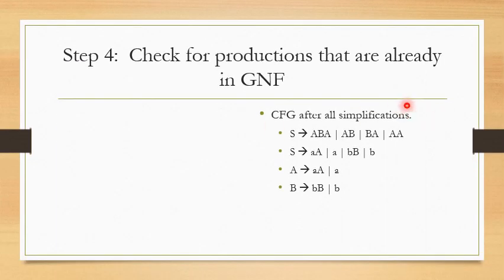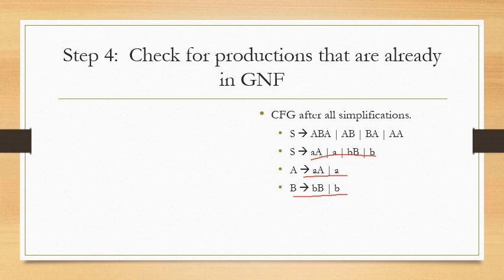Now, this is the resultant grammar, with which we are going to proceed to the steps for GNF. We can see that all these A productions and B productions are already in GNF form, which is a single terminal followed by zero or more non-terminals.